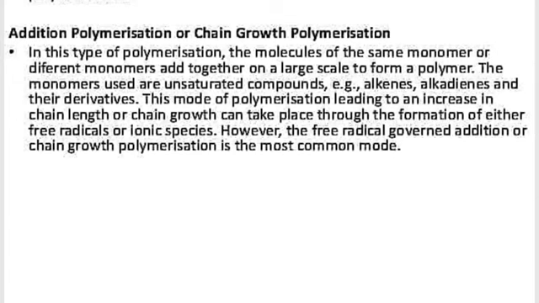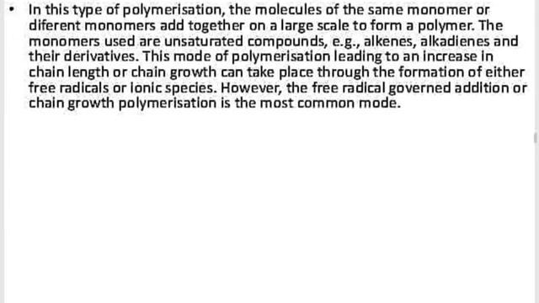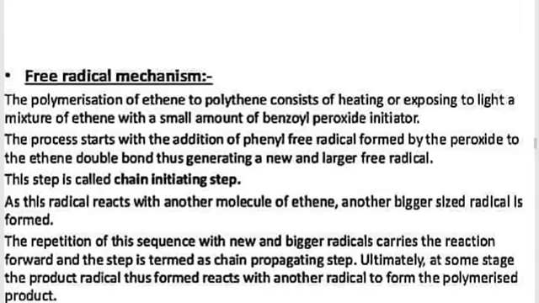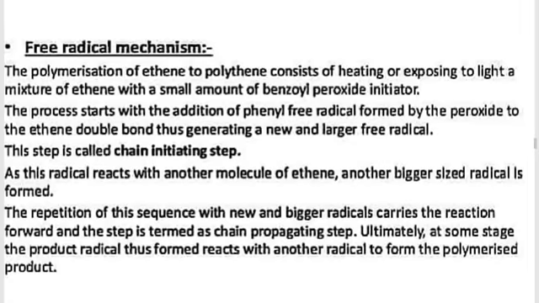So we shall discuss the free radical mechanism for the formation of addition polymers. The polymerization of ethene to polyethene consists of heating or exposing to light a mixture of ethene with a small amount of benzoyl peroxide initiator. I hope we have done free radicals earlier.